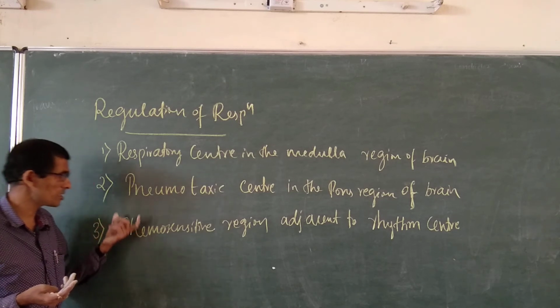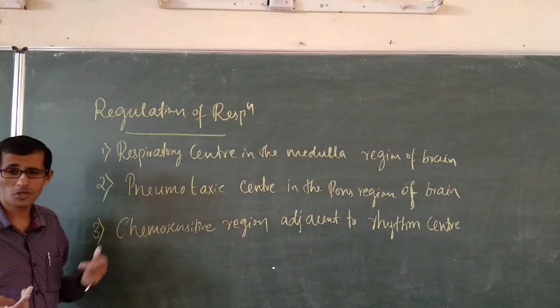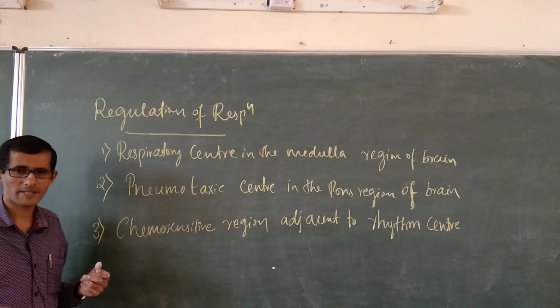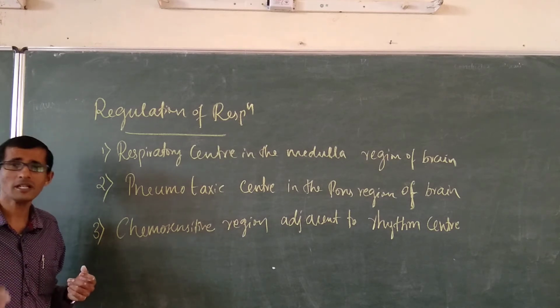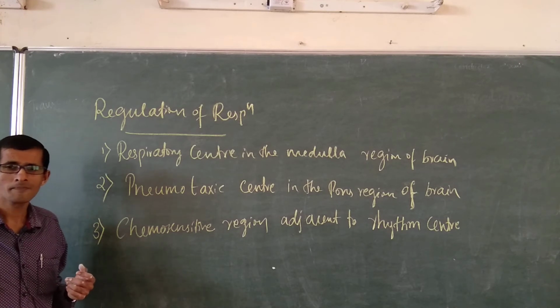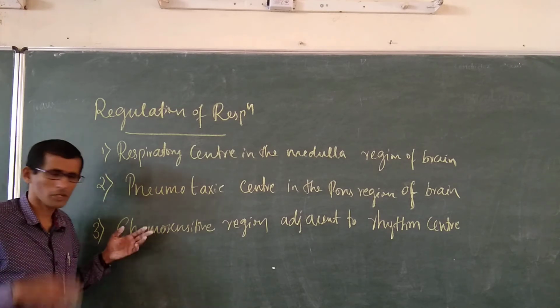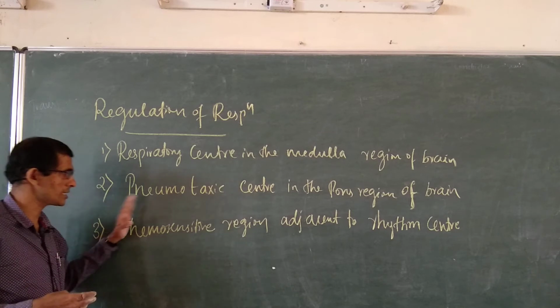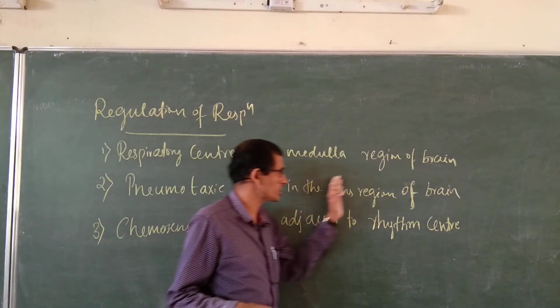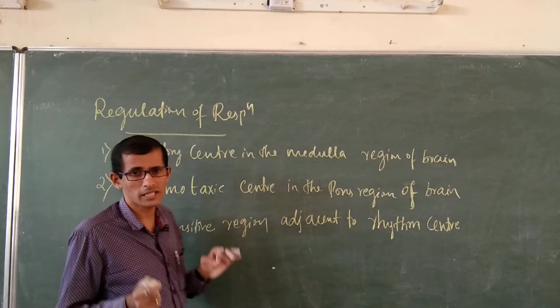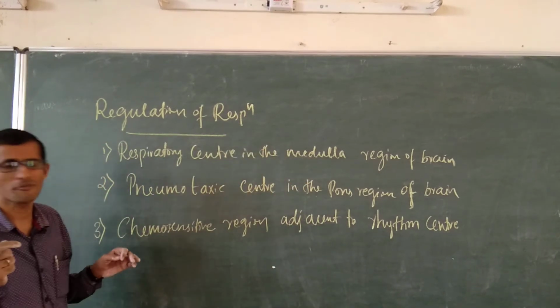Then the pons region is part of the hindbrain, with the cerebellum, pons varoli, and the extension of that, the medulla oblongata, after which the spinal cord comes. That comes in brain structure; I just mentioned it here. The pneumotaxic center in the pons region of the brain regulates the rate of respiration.